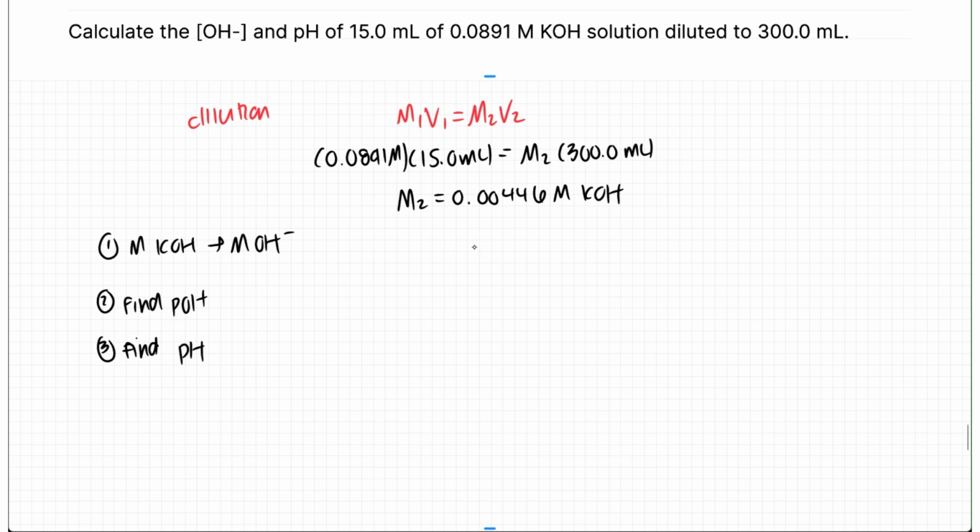For the equation, we will have KOH separating into its ions, K+ and OH-. We'll make sure the equation is balanced. Here it looks good. We're going to have a 1-to-1 mole ratio of KOH to OH-.